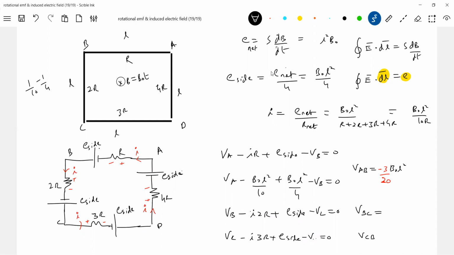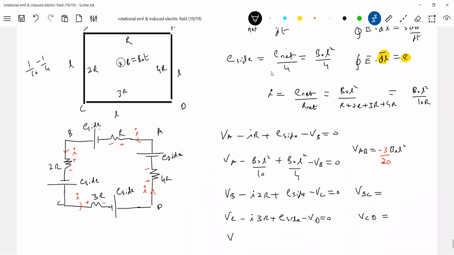VCD. Just share these values. VBC. Minus 1 by 20.